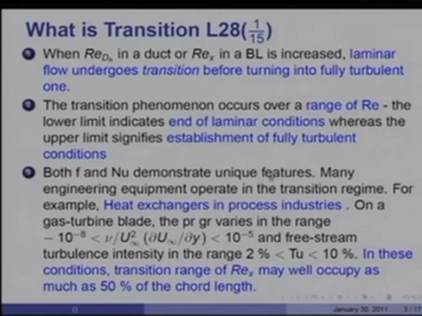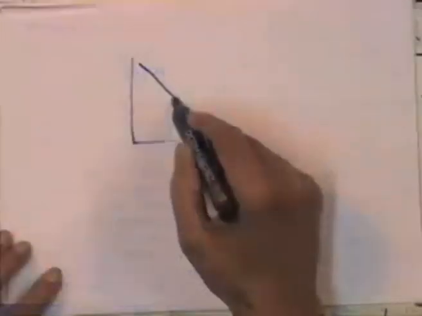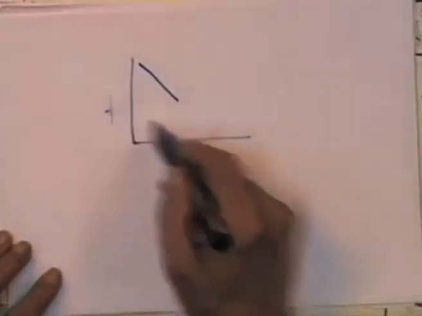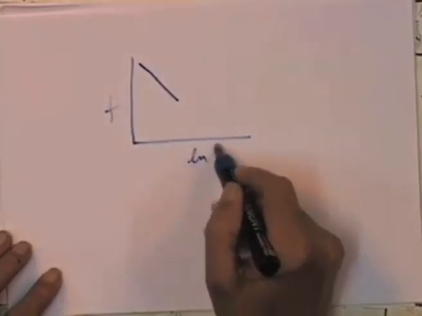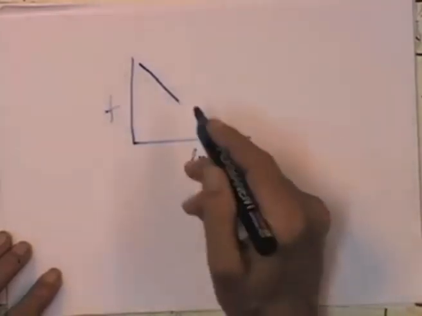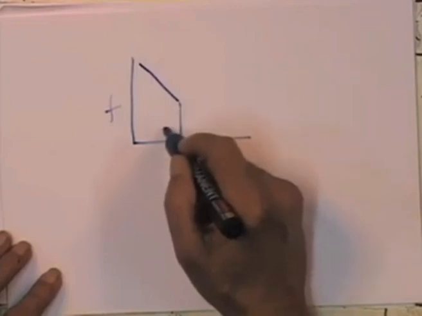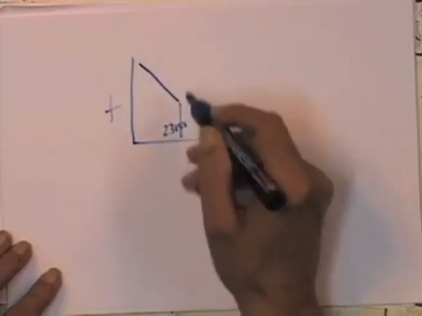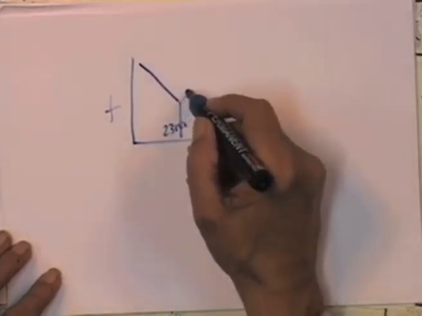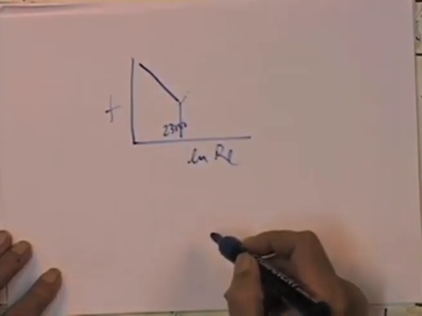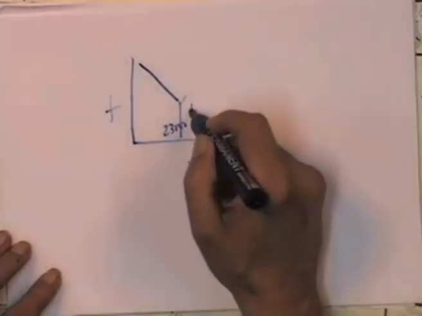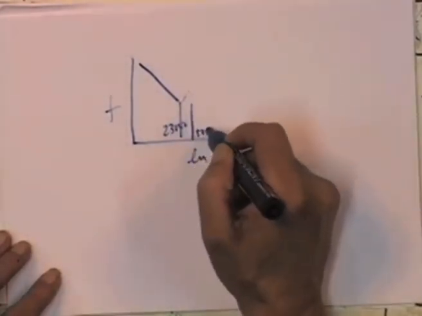For example, you will recall that the friction factor in a pipe decreases linearly up to Reynolds number of, let us say, about 2300, and then the friction factor actually increases a little till about Reynolds number of 5000.